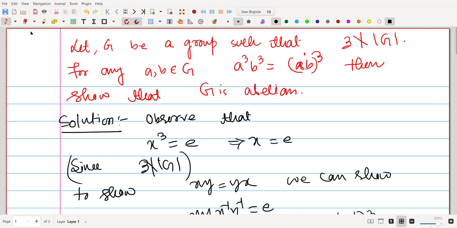Now the question asks what about the other part. Suppose G is a group such that 3 divides the order of G and A cube B cube equals (AB) cube. Then does there exist a non-abelian group? Kind of its converse. Yes, there exists.